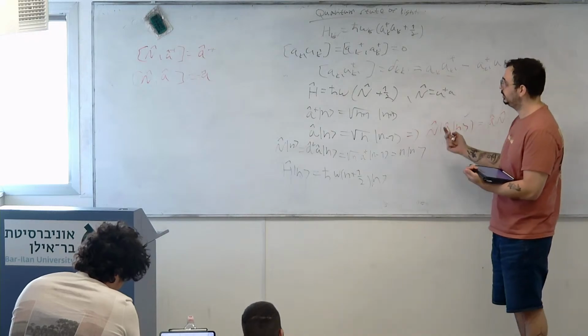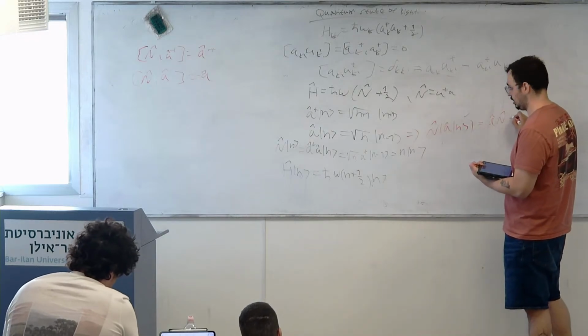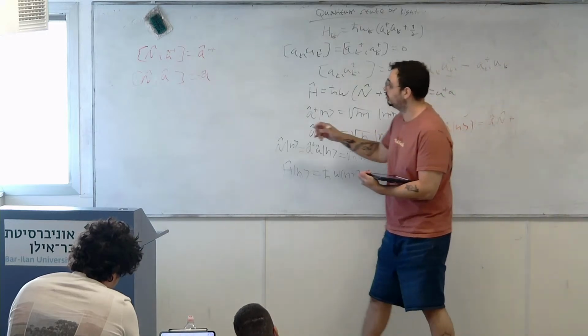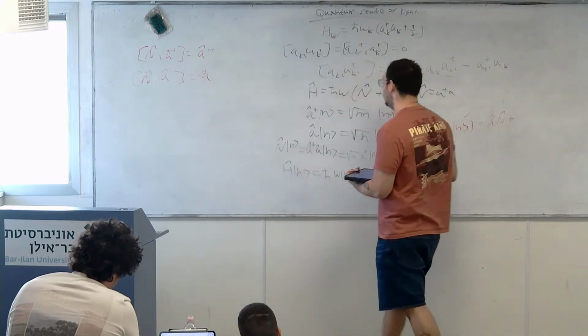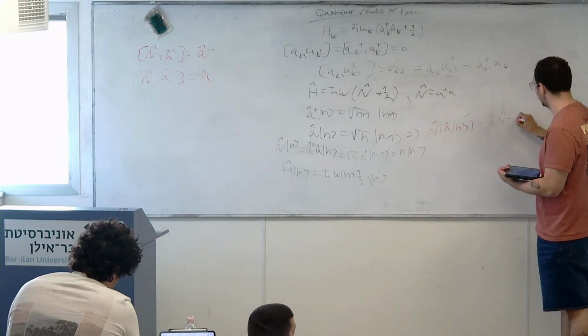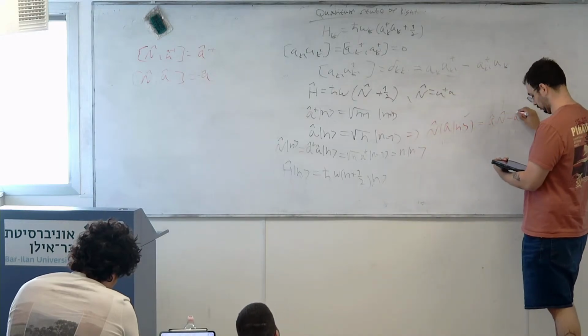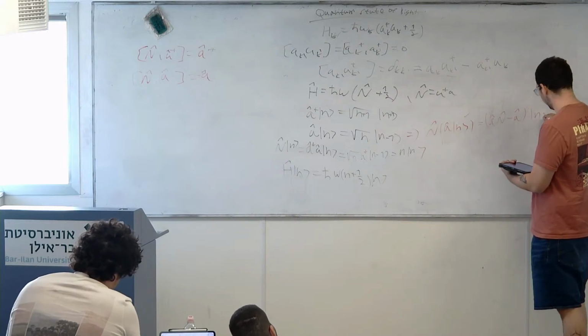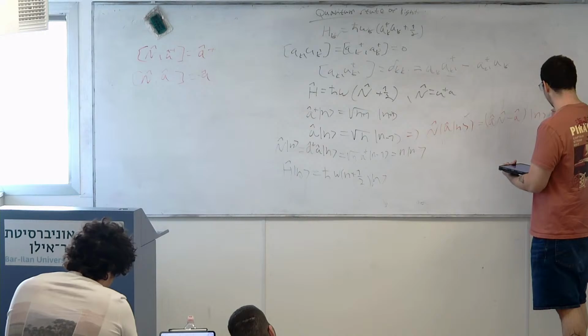I reverse the order, and because I reverse the order, I have to take the commutation relation. So it's minus a times n, right?